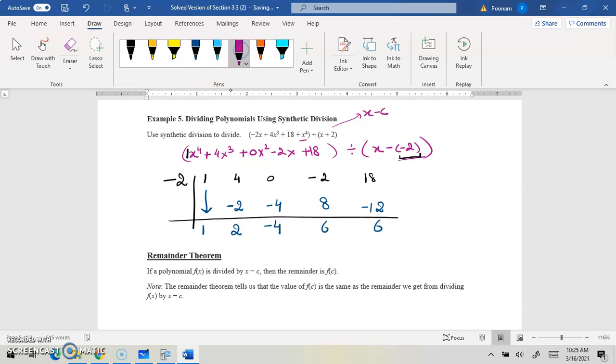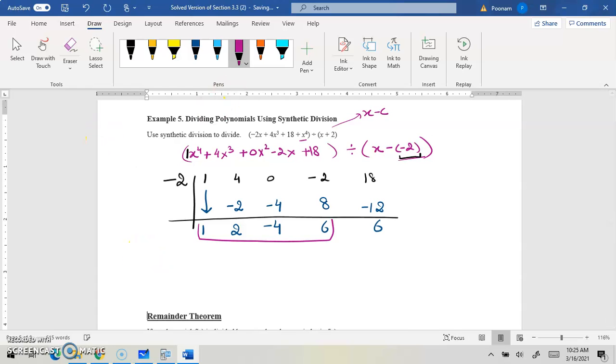So this portion here gives you the quotient and 6 is the remainder. Okay. What is the quotient? The quotient is a polynomial with 1 degree less than the dividend. What is the degree of the dividend? 4.